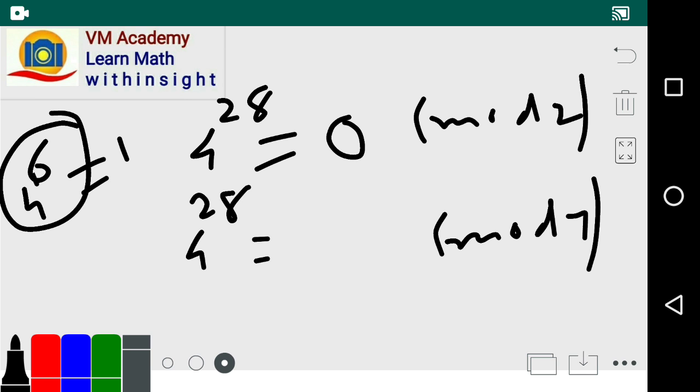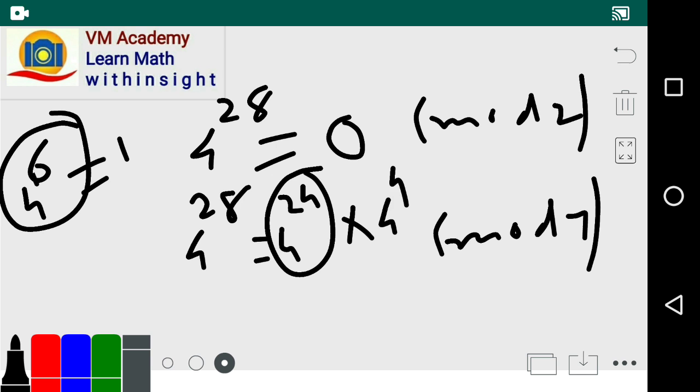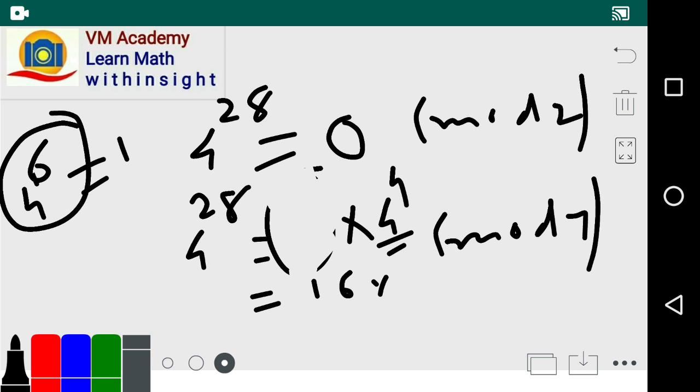So raising to the 4th power, 4 raised to 24 is also congruent to 1, into 4 raised to 4, friends. So this becomes 1. Now 4 raised to 4 is nothing but 4 squared into 4 squared, that is 16 into 16. Now 16 into 16 is nothing but, friends, 2 into 2, that is 4.